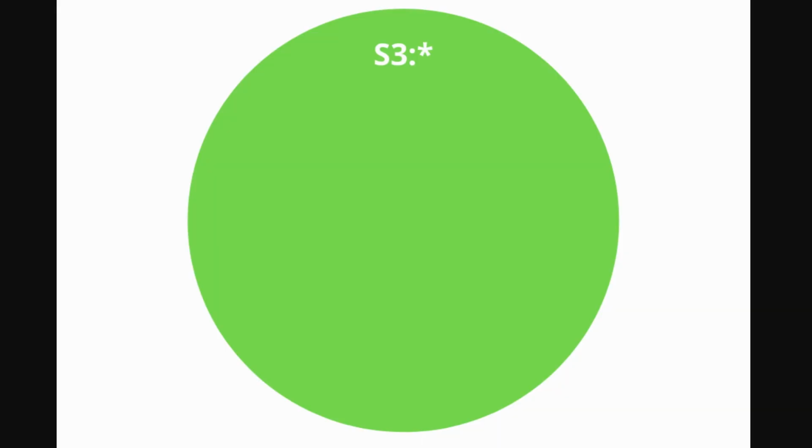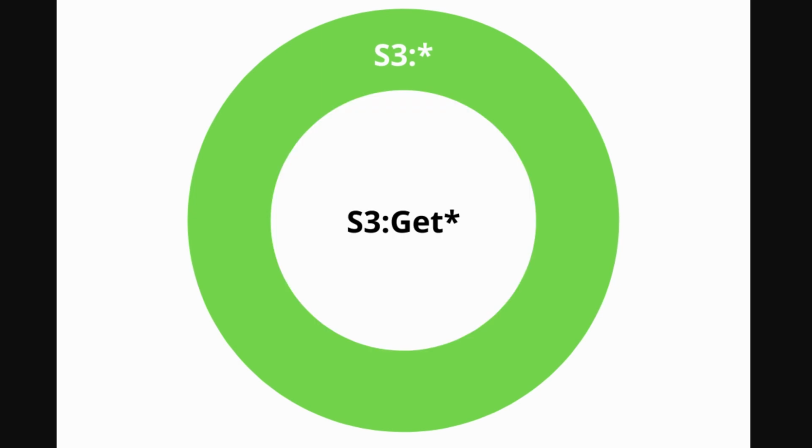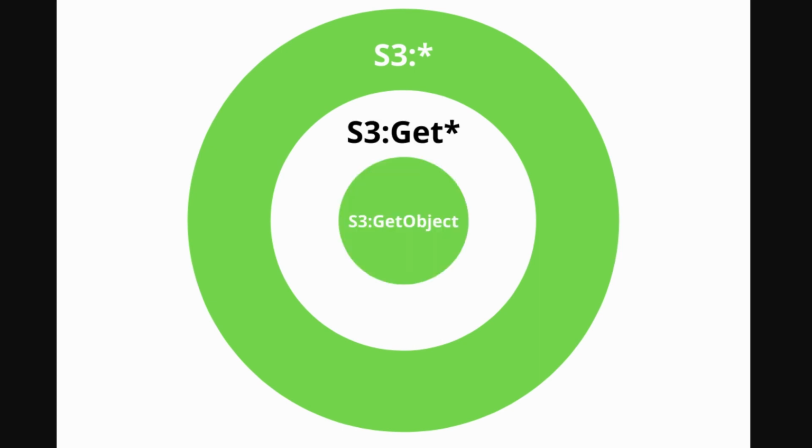We started off with S3 star as our shard A, and then we applied shard B to it, which excluded S3 get star, but shard B didn't exclude S3 get object. So you can see we have two rings here that represent our inclusions, the S3 star and the S3 get object. We need to exclude every S3 get star except S3 get object.